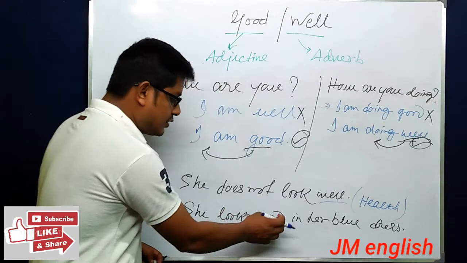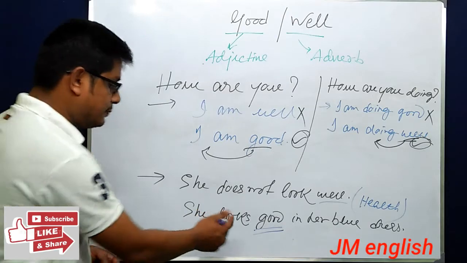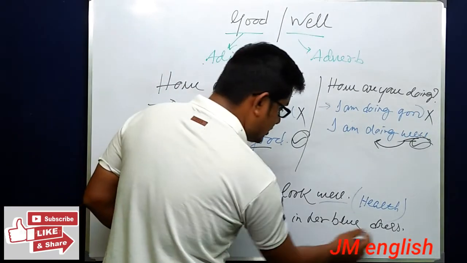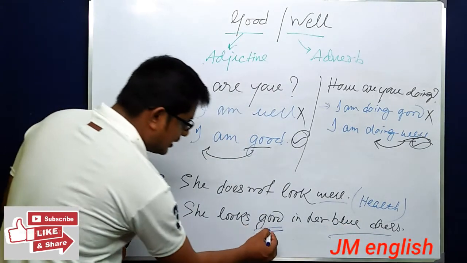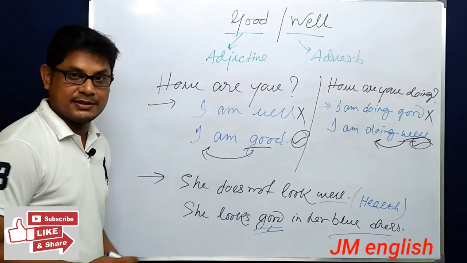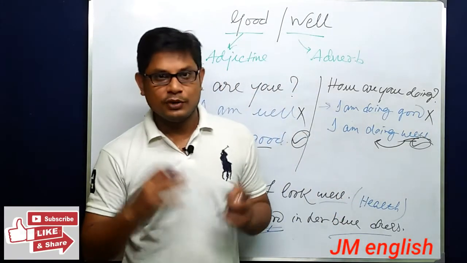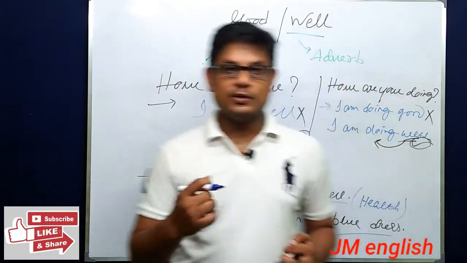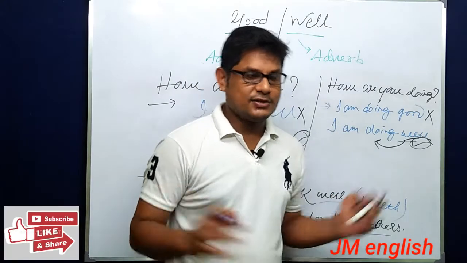Why? Because here good is not related to her health. It represents how she looks. She looks very good in this blue dress. So here good is used as an adjective. So this is all about good or well. Whenever you use an adjective, use good, and whenever you use an adverb, use well.